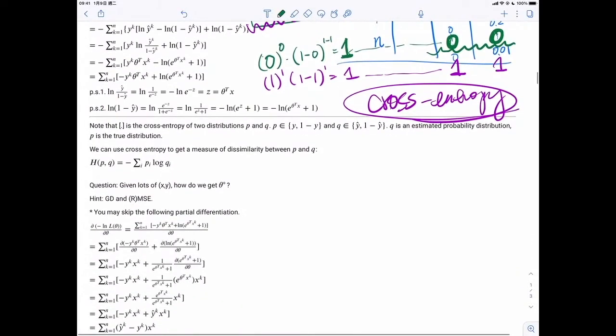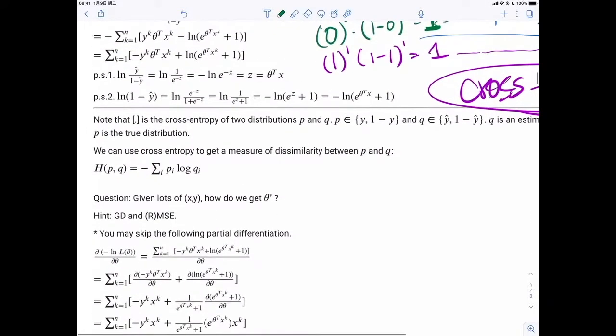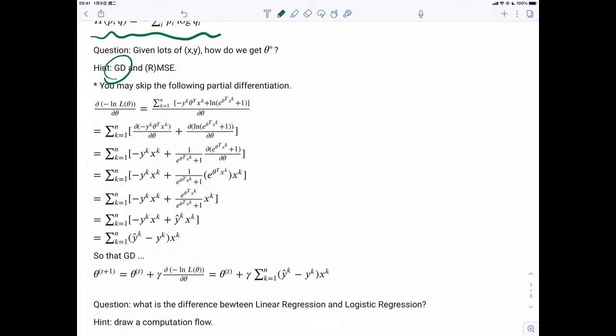If you're interested in how it's related to cross entropy, you can just Google cross entropy or information theory. There is another mathematical theory about how to evaluate two distributions, and the equation is exactly the same as what we talked about, which is based on the likelihood function. We want to find the minimum value of the minus log likelihood function.